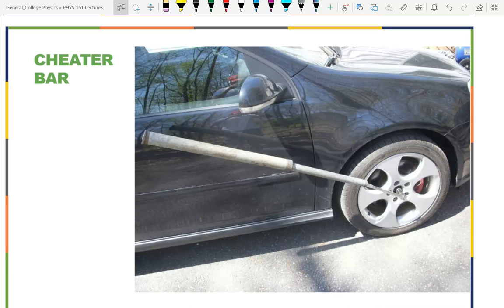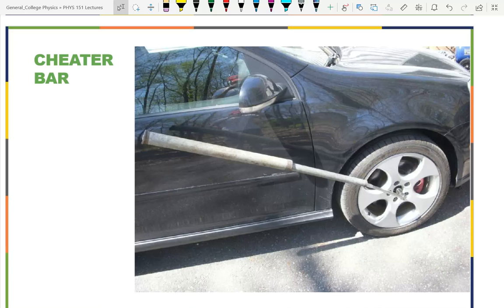But there in the shop, we had a 6-foot stretch of pipe. You put the 6-foot stretch of pipe on your breaker bar, and voila, it comes off. Either that or you can break your socket. Why was little pipsqueak Richard able to get the nuts loose using that 6-foot cheater bar?